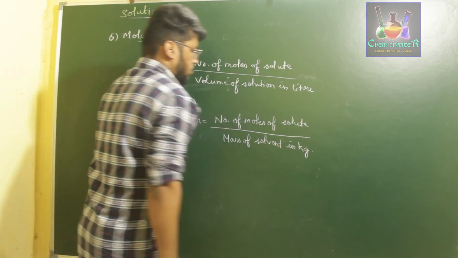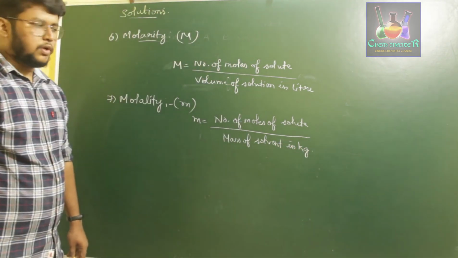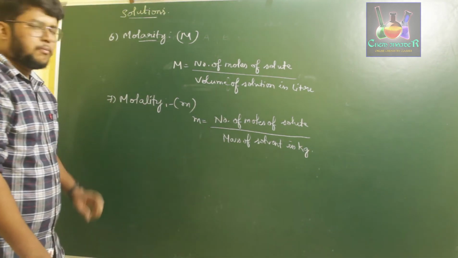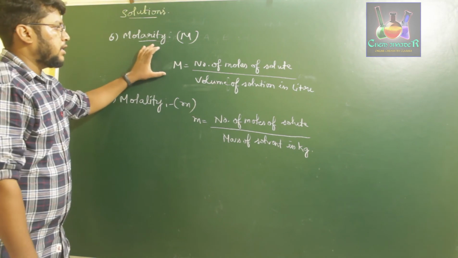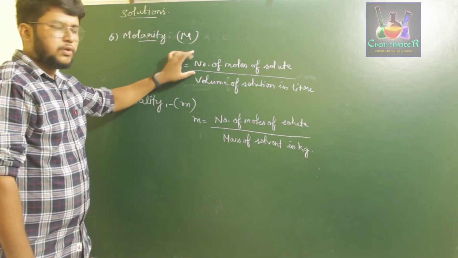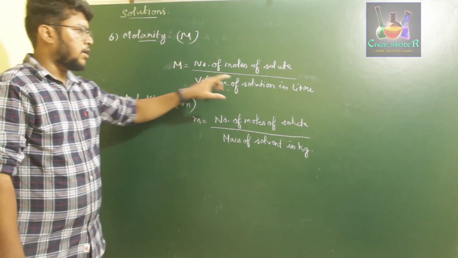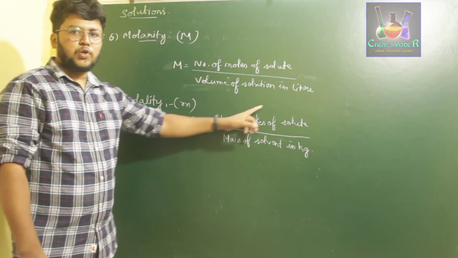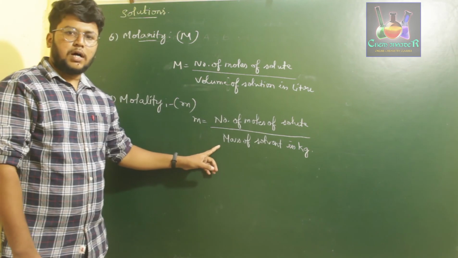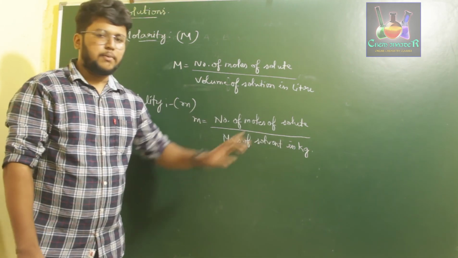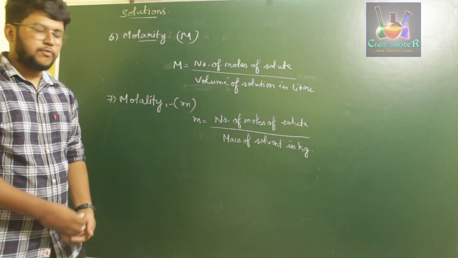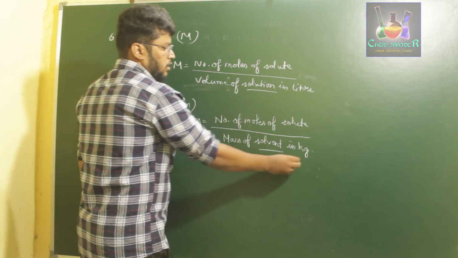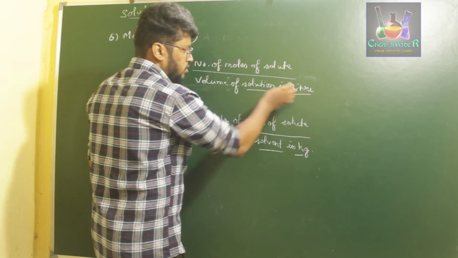So we use solvent in terms of kilograms mass, and number of moles dissolved in it is calculated as molality. Remember, molarity is number of moles of solute divided by volume of solution in liter, and molality is the number of moles of solute in mass of solvent in kilograms. So remember these two: this is solvent and this is solution. This is kilograms of solvent, this is liters of solution.